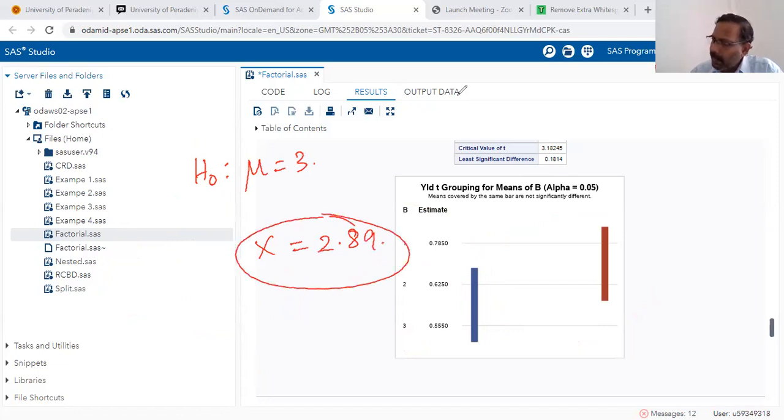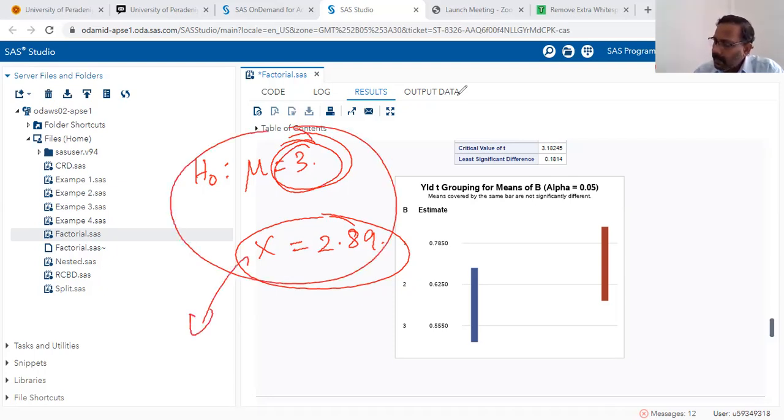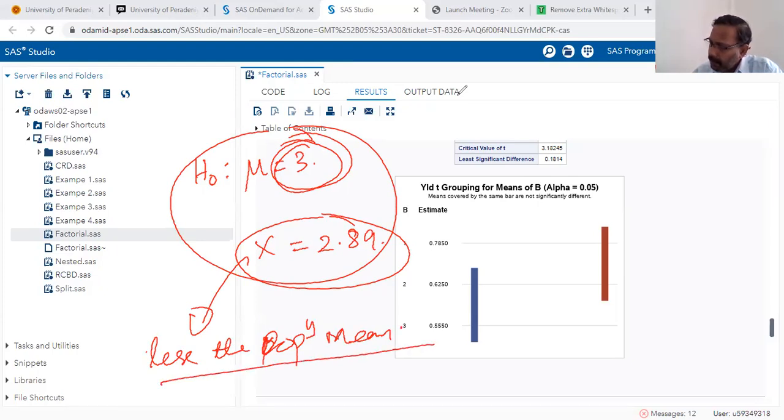By looking at the mean value, and saying that the mean value is much less than the given value, without using any statistics, we can say this value is less than the population mean value.